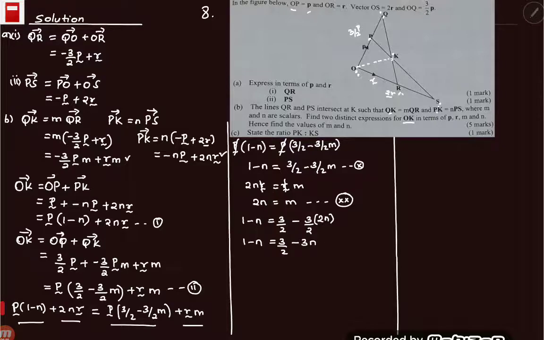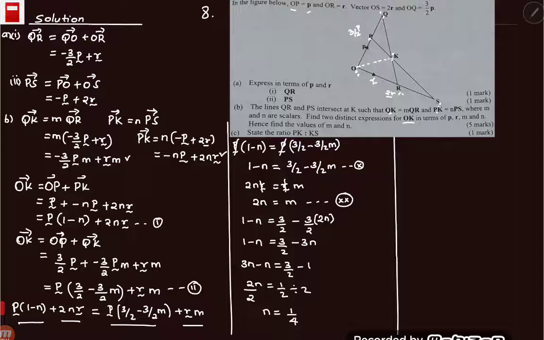Putting the like terms together, we have 3N minus N is equal to 3/2 minus 1. So 2N is equal to 1/2. Dividing both sides by 2, we get that N is equal to 1/4.